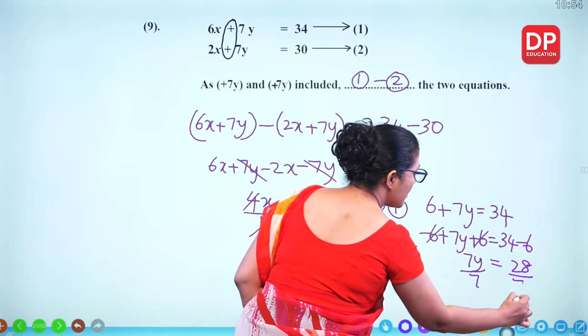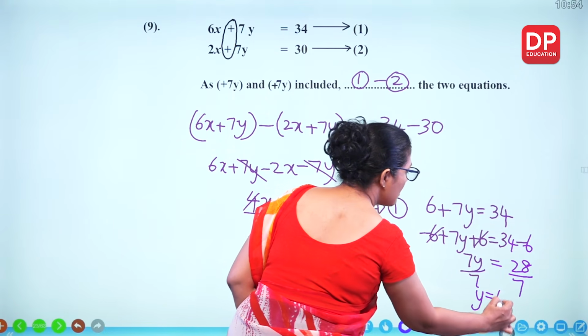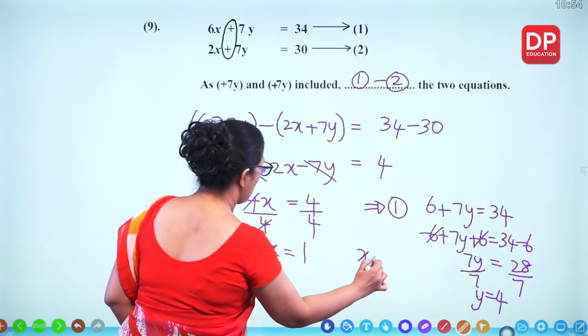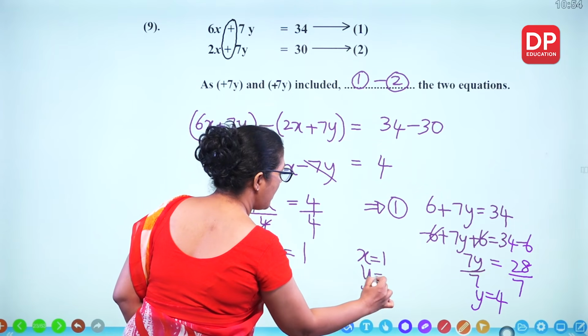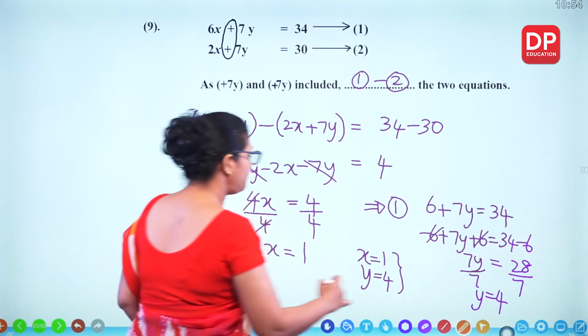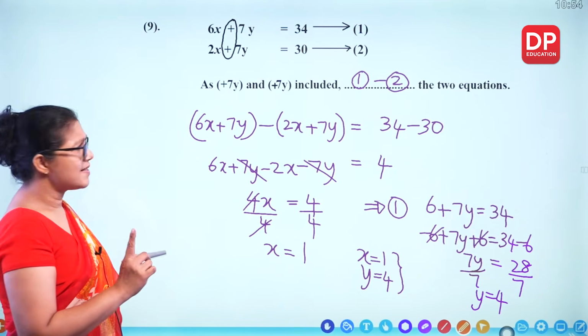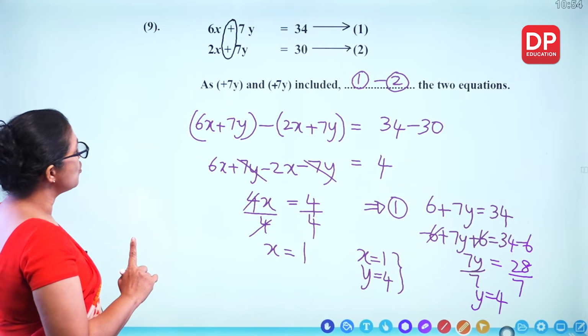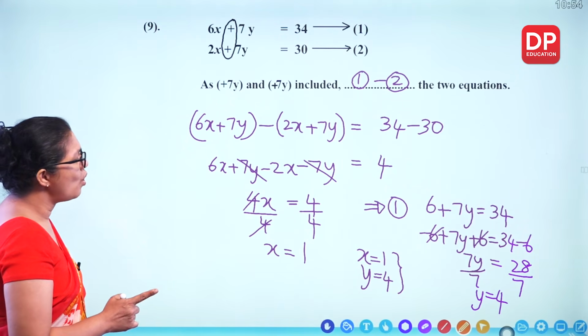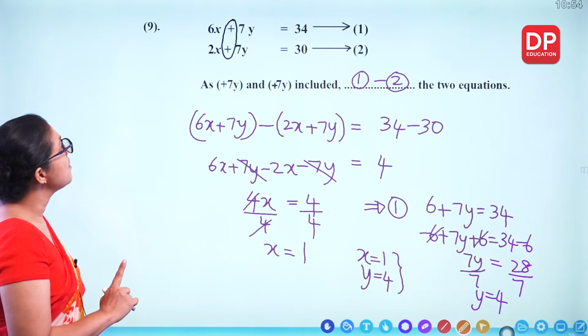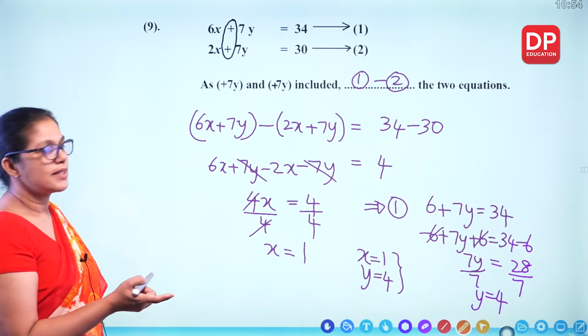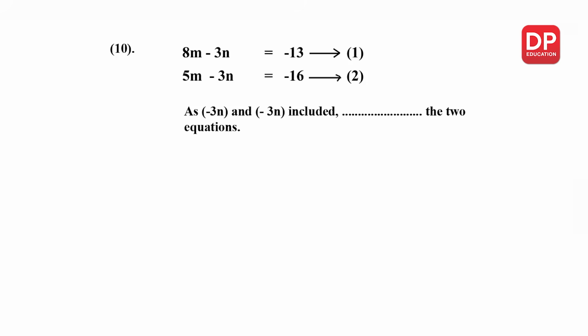Divide by 7, you get y equals 4. So x equals 1, y equals 4. We'll check it with the second equation. 2 times 1, 2. 7 times 4, 28. 28 plus 2, 30. So that's correct.